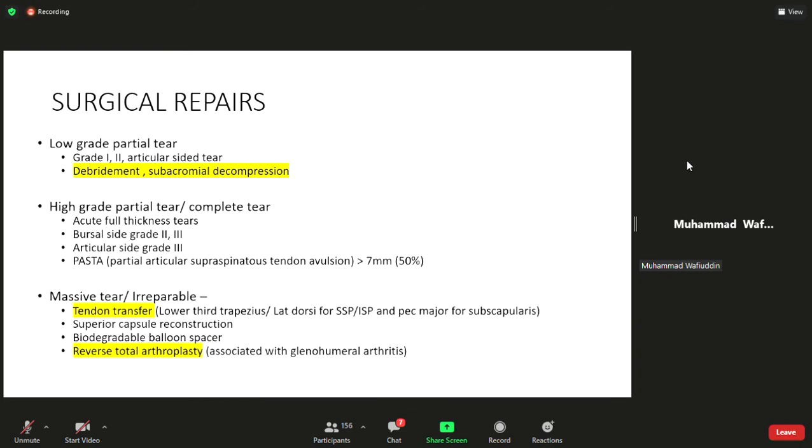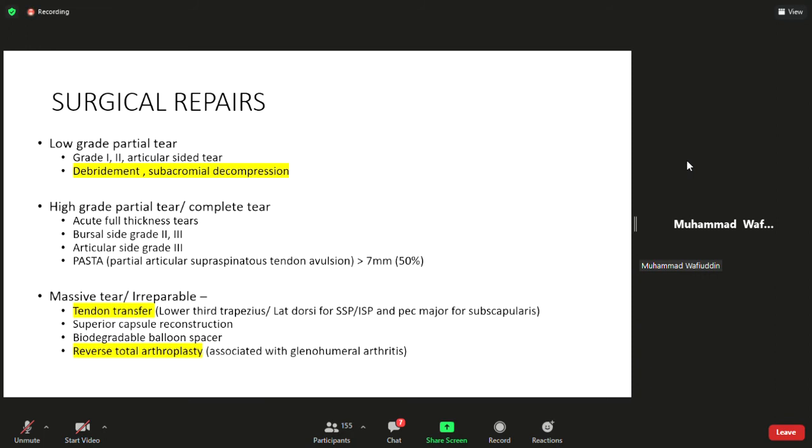Okay. For surgical repair, it's a bit complex. However, for a low-grade partial tear, all right, so they say less than 2 centimeter, less than 3 centimeter, grade 1, grade 2, what we can do is we debride, we do the subacromial decompression by arthroscopy.